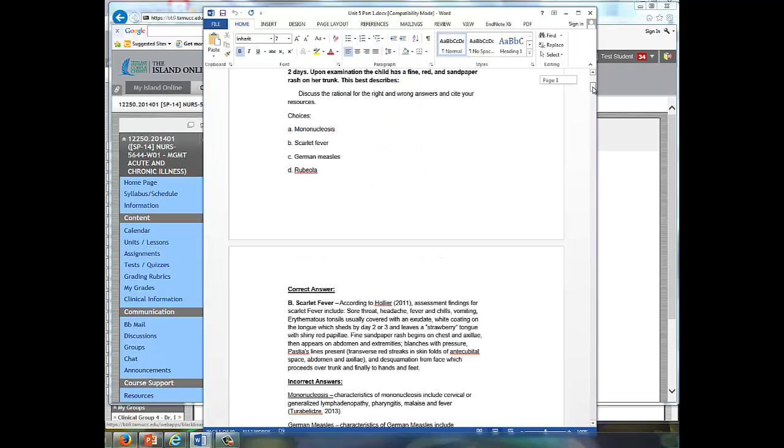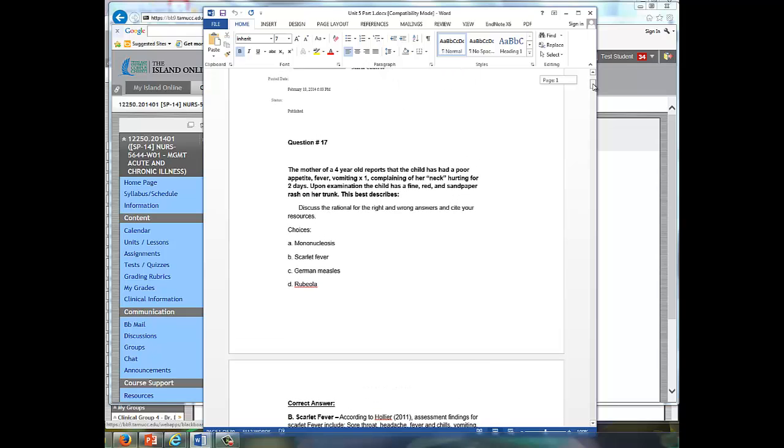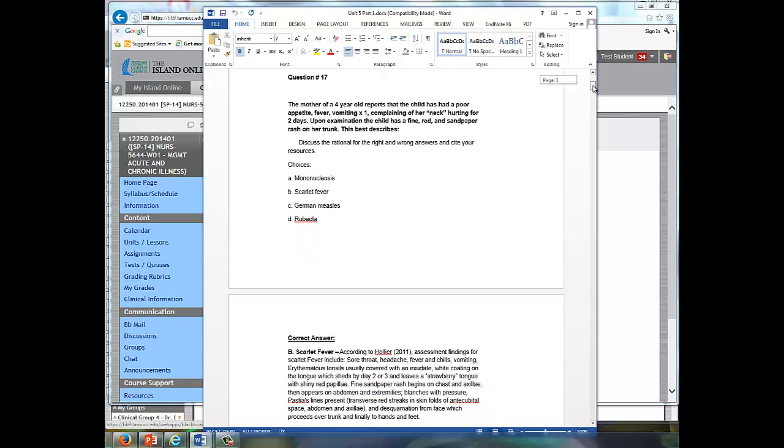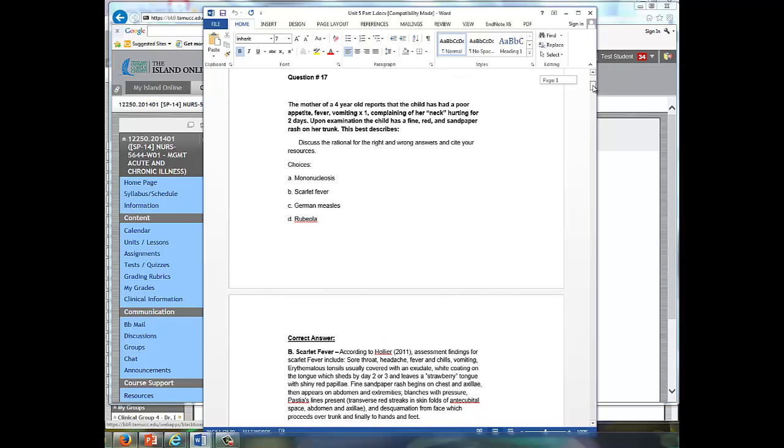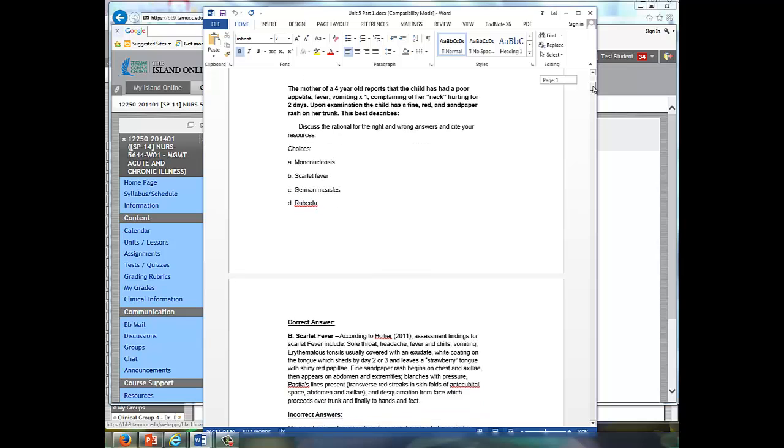Okay, we're starting to get into the throat here. We have some information on a 4-year-old with scarlet fever, which is a group A beta hemolytic strep complication.